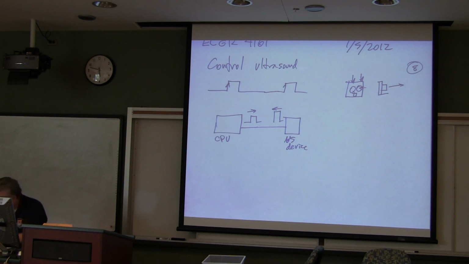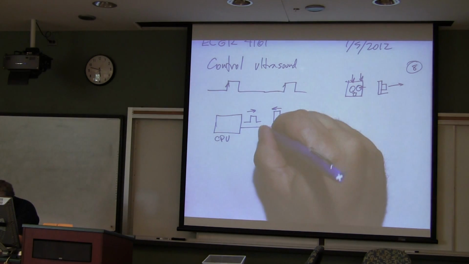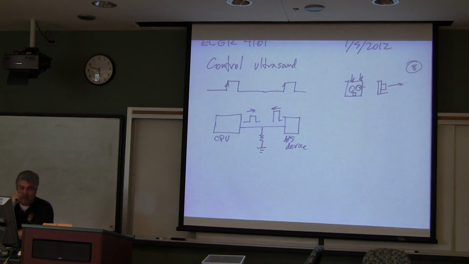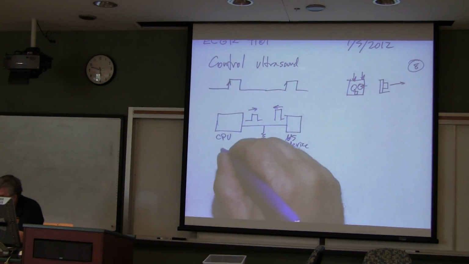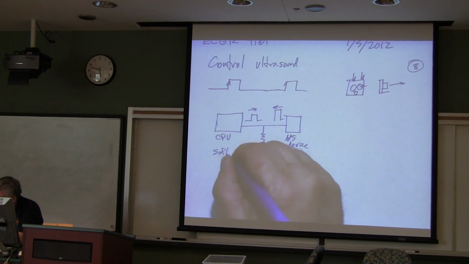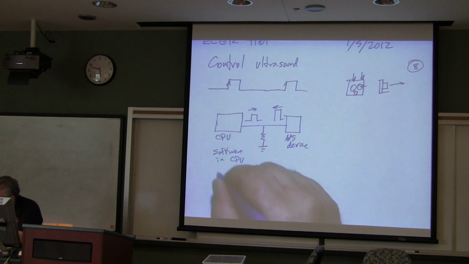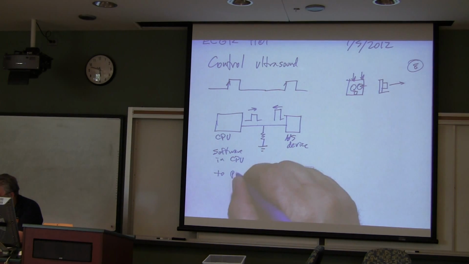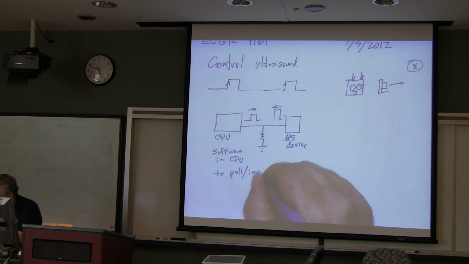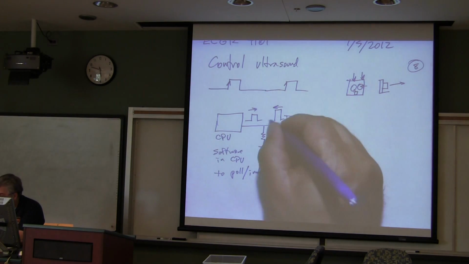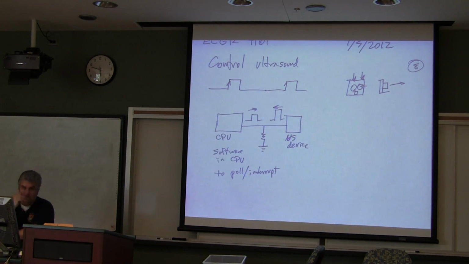You need to have some sort of pull-down resistor on that connection. And the software has to be available to either poll or work with an interrupt to be able to detect this pulse that comes back.